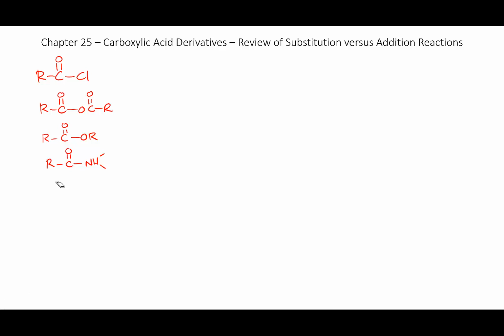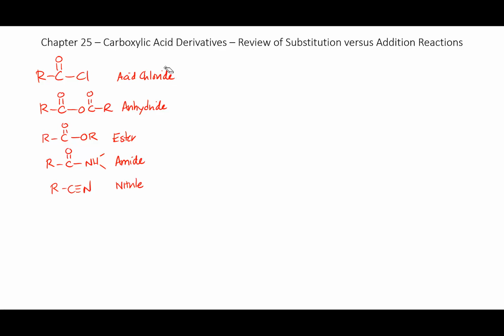There is another one that doesn't have that form, and that is the nitrile. So we have a nitrile, an amide, an ester, carboxylic acid anhydride, and our acid chloride.